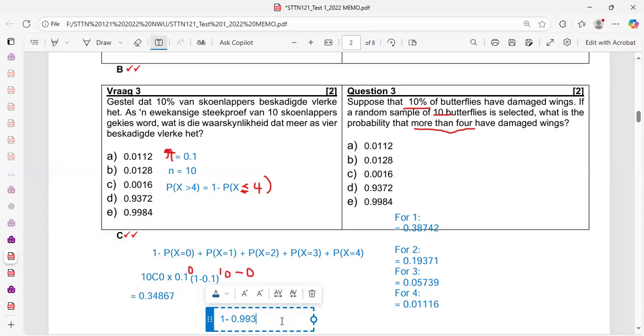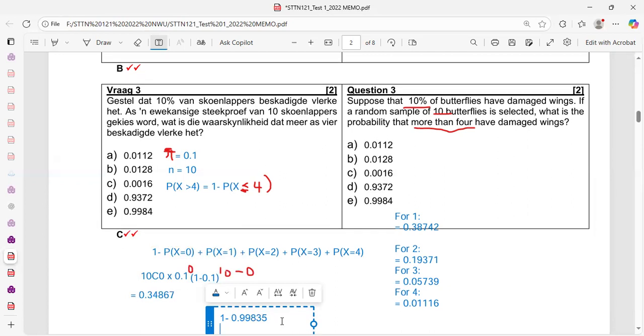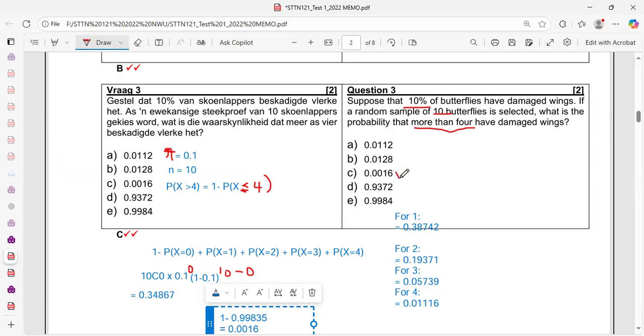So I took 5 digits: 0.34867 plus 0.38742 plus 0.19371 plus 0.05739 plus 0.01116 gives 0.99835, and 1 minus 0.99835 is equal to 0.0016, which is option C. That's the reason why they say the answer is C.